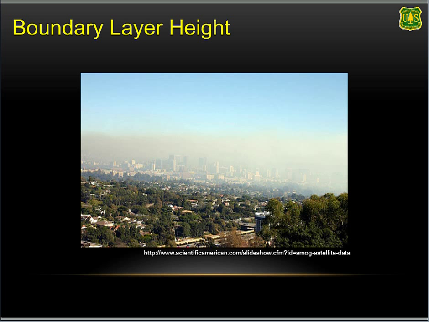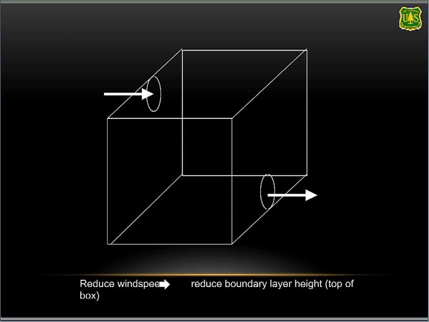And you can hopefully see in this image that brownish haze layer where the smog is being formed, and above it is blue. What happens is the height in which the atmosphere mixes becomes very important in terms of concentration. So the height of the box, this boundary layer height, is important, because if I can press that box down and make it lower, I will increase the concentrations.